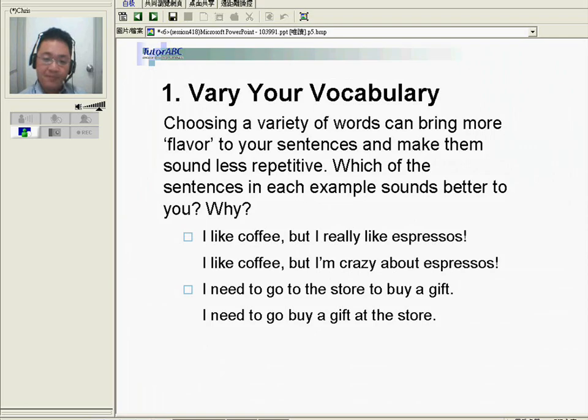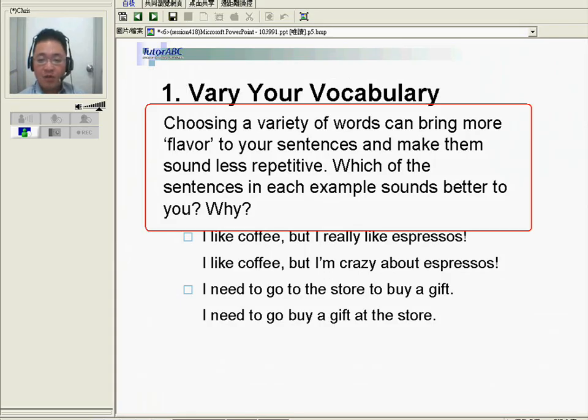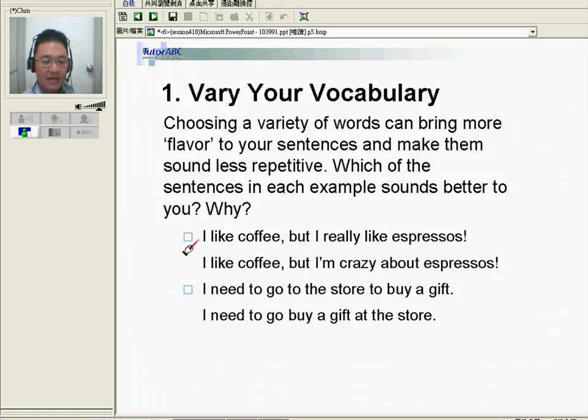Okay? For example, choosing a variety of words can bring more flavor to your sentences and make them sound less repetitive. Okay, I want you to vary your vocabulary. Alright, for example, this sentence here. I like coffee, but I really like espressos. That's not what I would say.